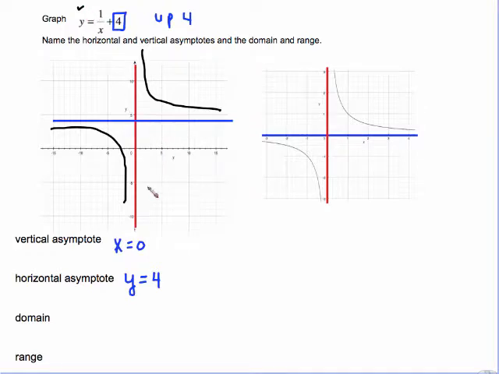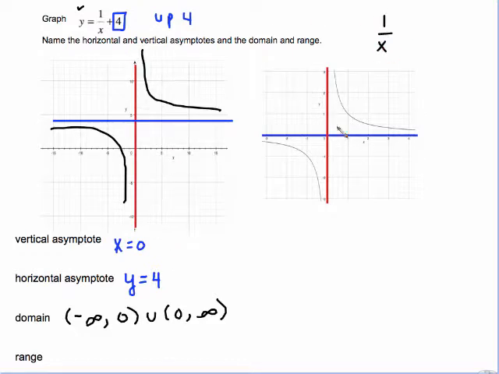Now, use that function right there to name the domain. The domain is your x values. You are coming in from negative infinity, and you're going all the way over to the vertical asymptote, which is still 0, union with 0 to infinity. Notice that is the same domain we had on the original 1 over x.